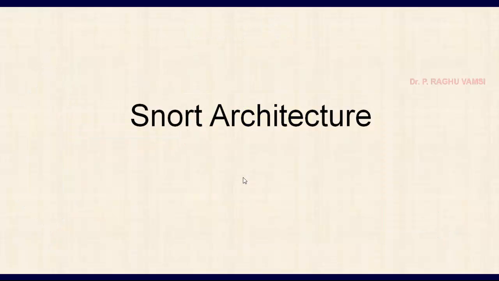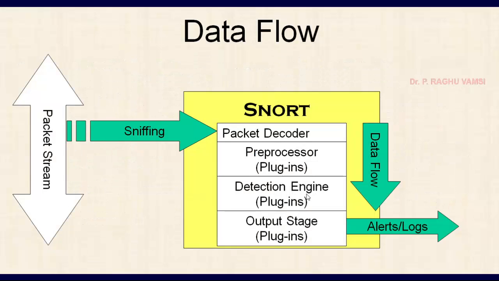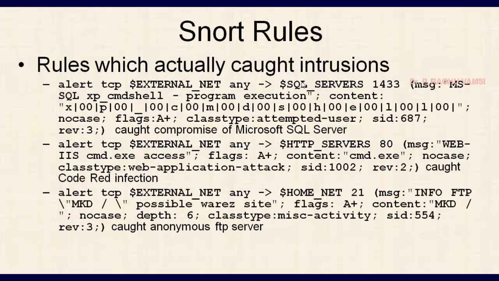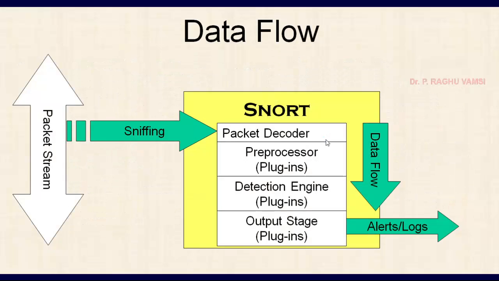In the detection engine, whatever rules you have written here will be checked. And if it finds any attack or some other thing based upon the options that you write within the brackets like this, that will be recorded into a file or some log, which is in the output stage. Then in the output stage, finally, it gives you the alerts or logs records. So the data flow will be like this. So this is the way Snort will function. It's a very simple program and will function very efficiently, even when 100 Mbps or more data is being processed or captured.